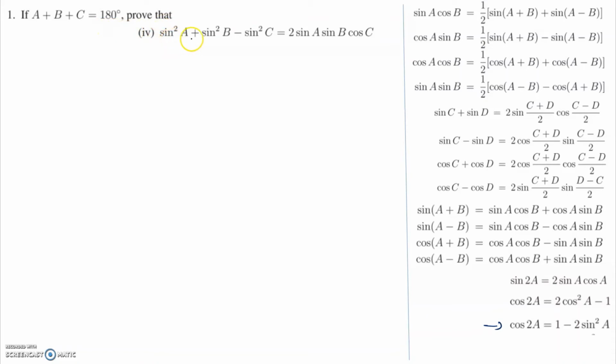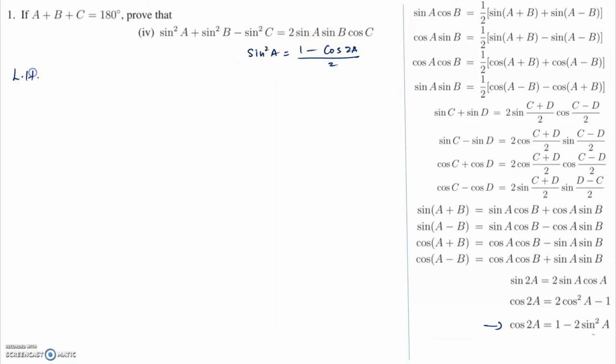To prove sin squared a plus sin squared b minus sin squared c is equal to 2 sin a sin b cos c, and you're given a plus b plus c is equal to 180 degrees. Now again, using this formula here, we can rewrite sin squared a as (1 minus cos 2a) divided by 2.